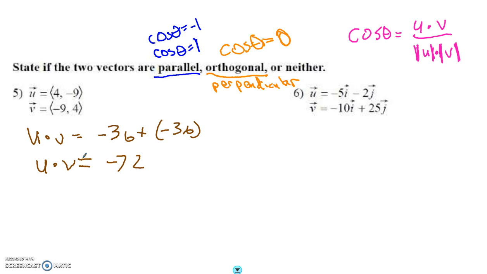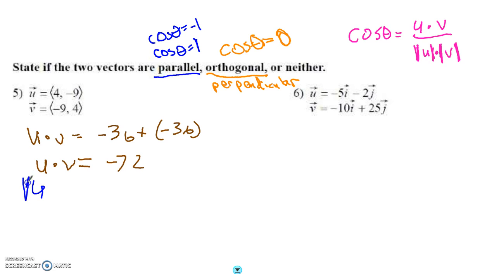All right, so if that's -72, we're going to have to find our magnitudes of u and v. So let's find our magnitudes. Magnitude of u, that's just going to be our Pythagorean theorem situation. Let's try that one more time. Okay.